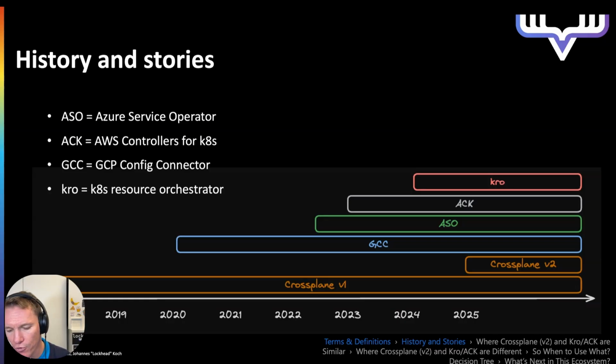But this announcement of KRO forced Crossplane to announce Crossplane V2, which simplifies Crossplane a little bit and brings some of the features that have been requested for a while in the community, right? But also you can see that there's some, let's say, nuances of collaboration that are missing within the ecosystem, because KRO and Crossplane, they kind of do the same thing.